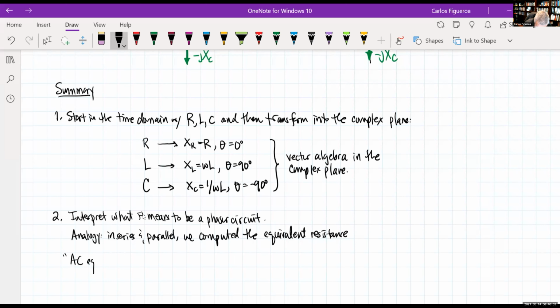So the AC equivalent resistance is defined as the impedance. They don't say AC resistance, they say impedance.